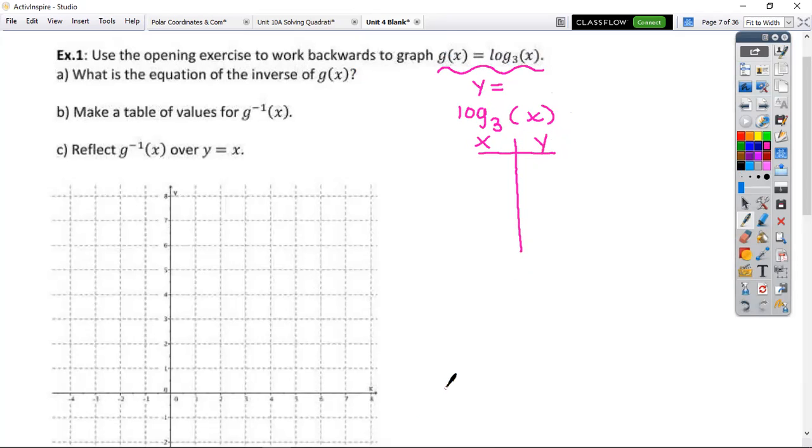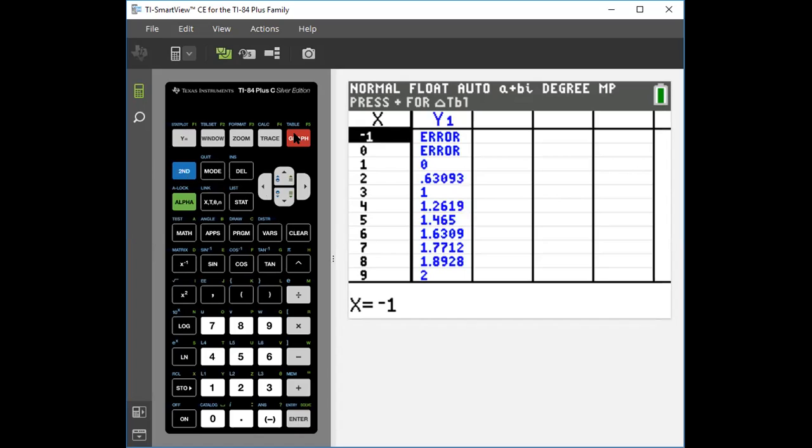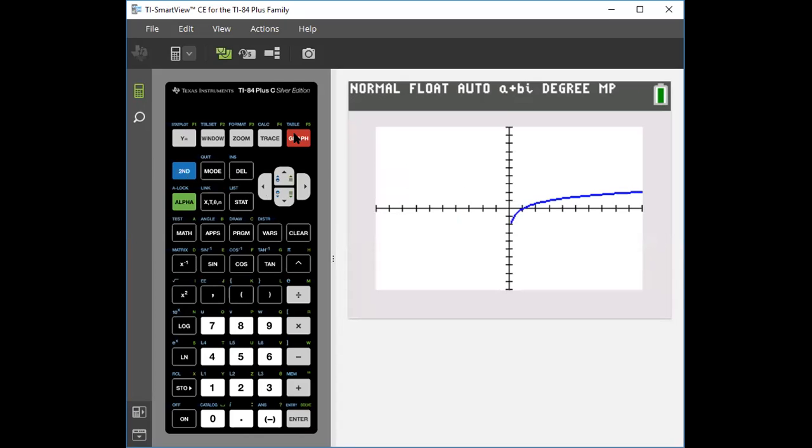All right, so in your calculator, we are going to go log base 3 of x. And I'm going to go to the table of values. And can you guys remember a couple of those? So we have 1, 0, we have 3, 1, and we have 9, 2. Hit graph. Doesn't that look just like the other log graph from the other page? Yeah, they all have the same overall shape to them, okay?